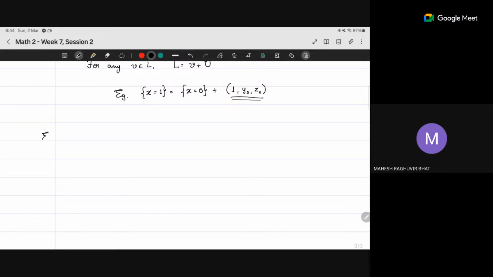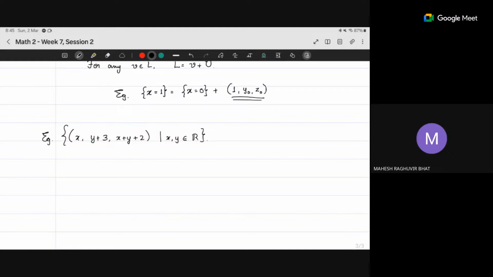So example, if I have x, y plus 3, and let's say x plus y plus 2, x, y, z. No z, right? Now, what is the subspace corresponding to this affine subspace?